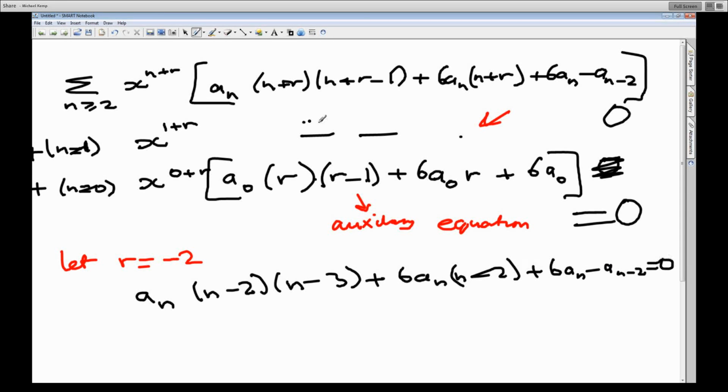So that's what I get when I just subbed in R equals -2, and I calculated that particular coefficient equal to 0, because there's a big 0 at the end here.